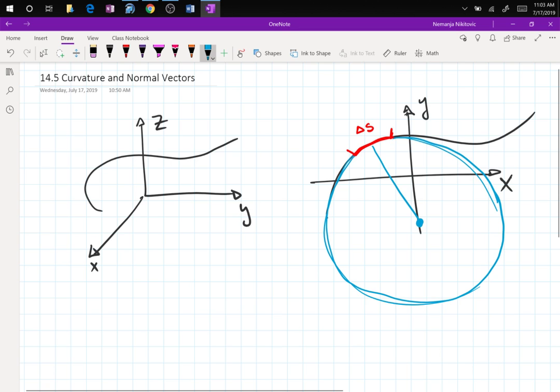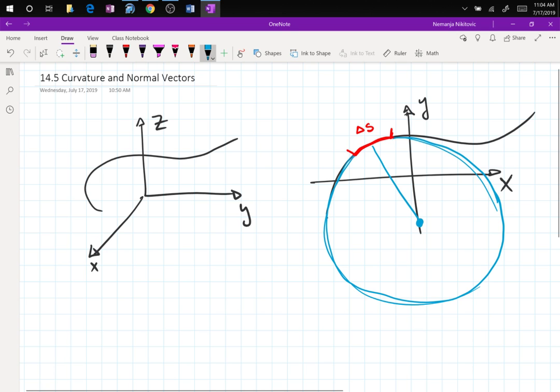For a straight line, you cannot come up with a segment that can fit the circle, because that makes no sense. So whether you are in 3D or 2D, whatever curve you look at, you are able to fit the circle somehow, somewhere for the small piece, and that circle is going to have a radius.